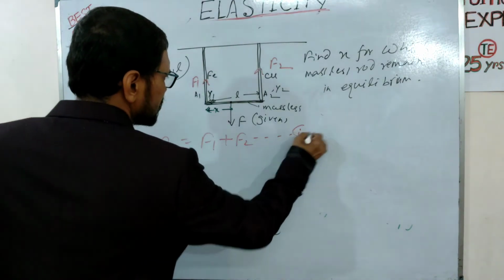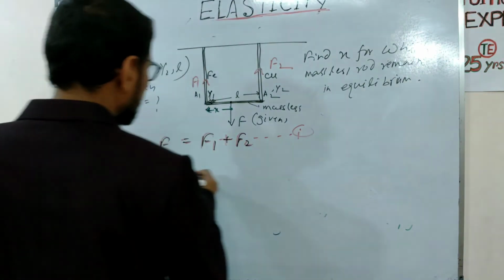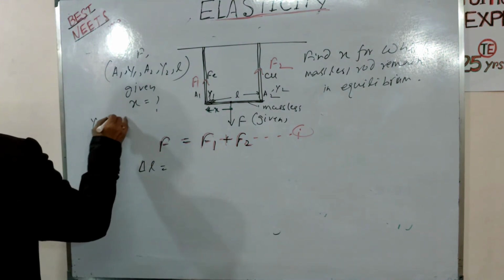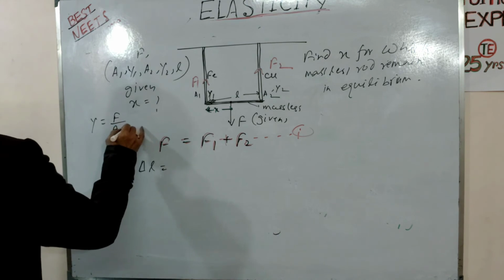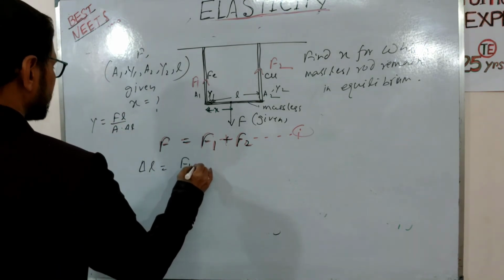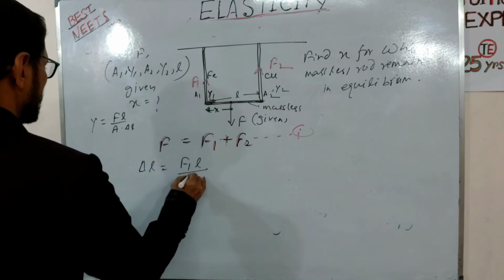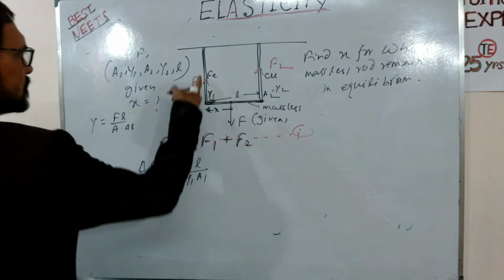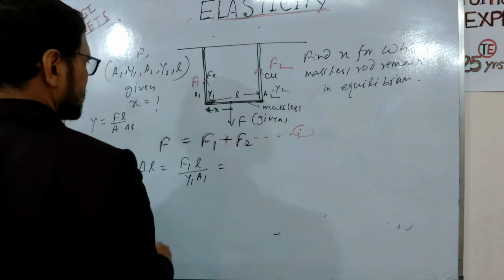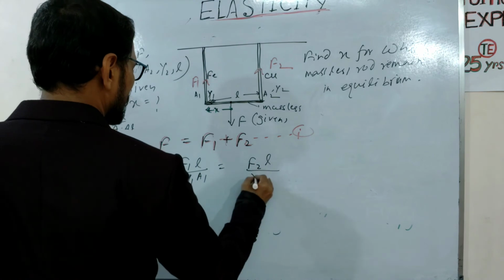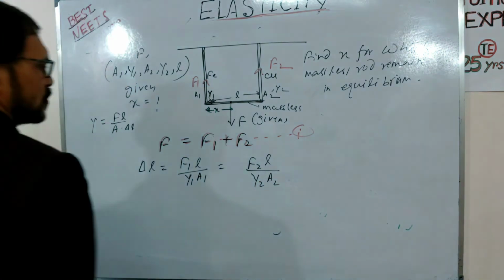The extension is the same. The formula is Y equals F by A into del L by L. So the extension is F1 L by Y1 A1 for this one, and for this one it is F2 L by Y2 A2.